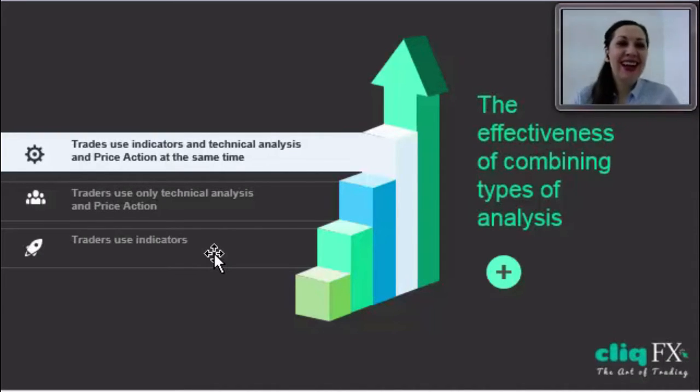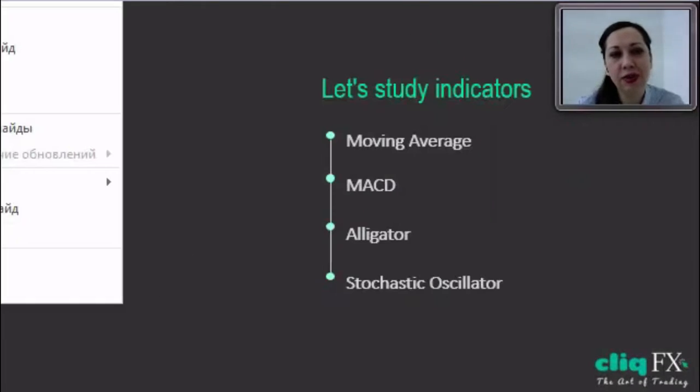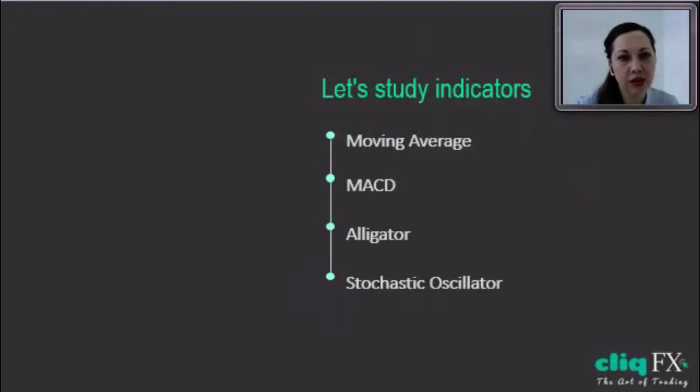Literally, we have hundreds of indicators in our indicator list. I explained how to find them in our terminal during our previous webinar, but I will show you in short today. A lot of traders, of course, are using them.